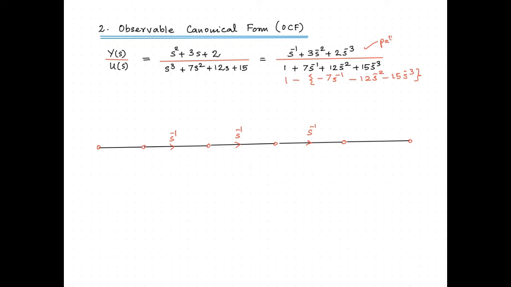So these will be paths and these will be loops. And in this case, the gain of the highest degree is written towards the input side, and hence this will be 1.